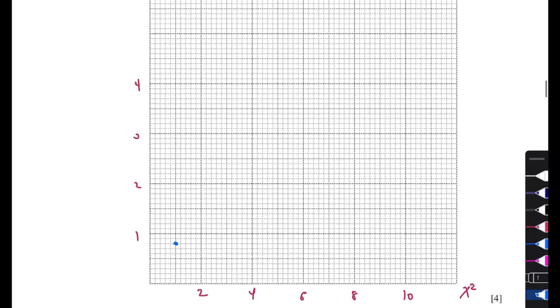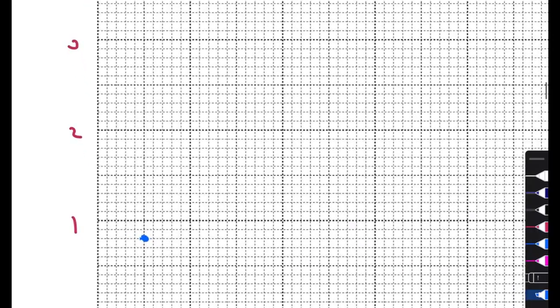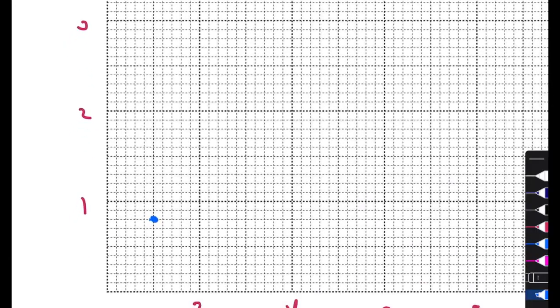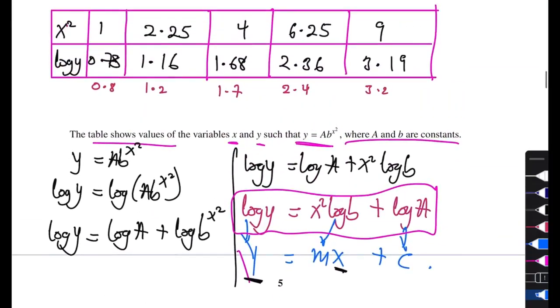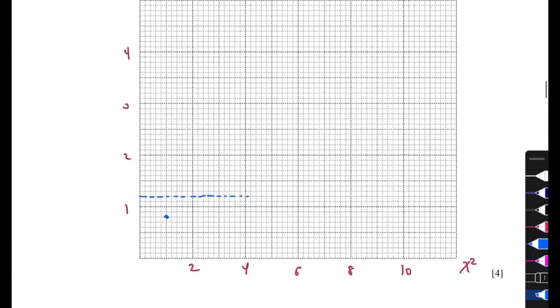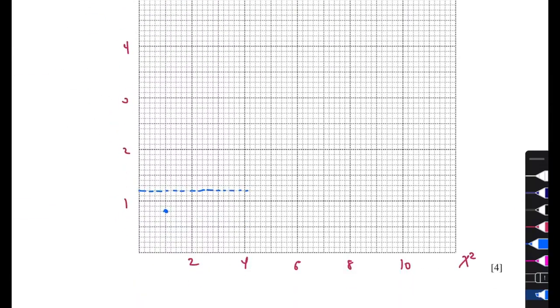So 1.2 will be somewhere here. 1.2, is it? Good, somewhere here. Okay, so on this line is the 1.2 line, and then we are working against 0.25. Anyways, on the x-axis, each small box is actually 0.2.